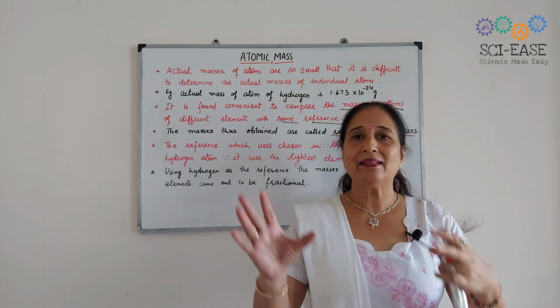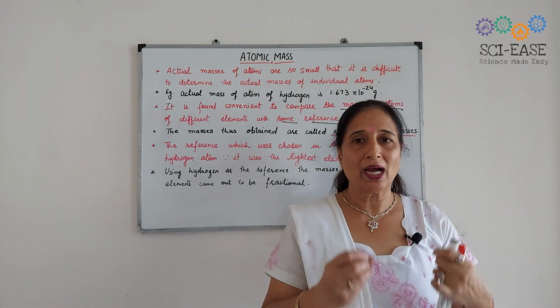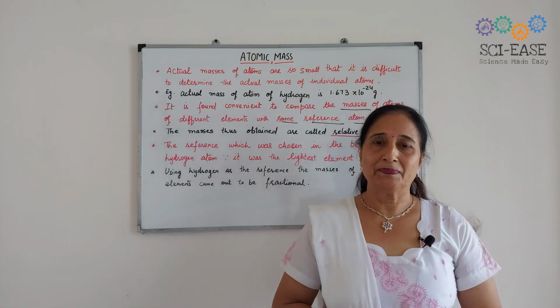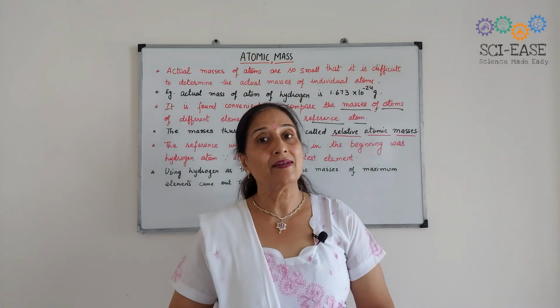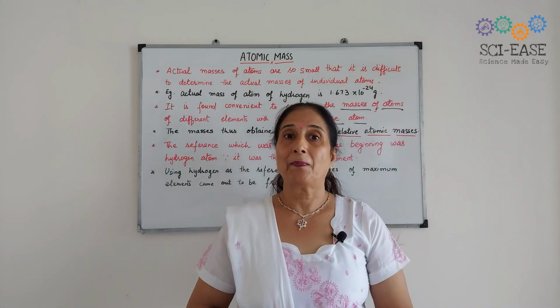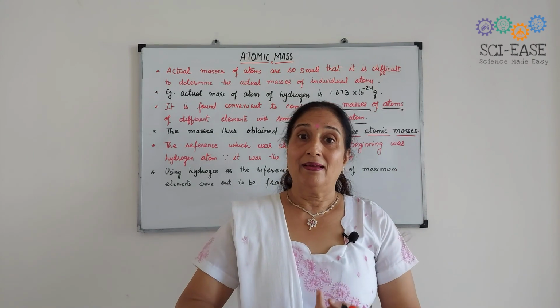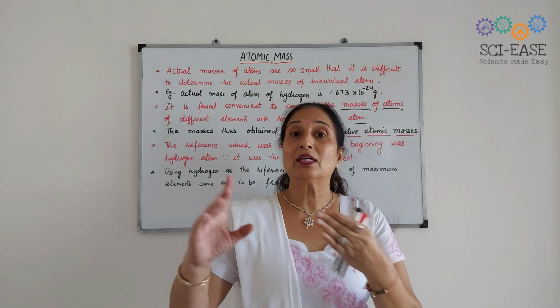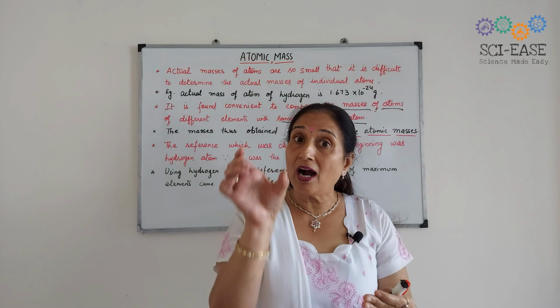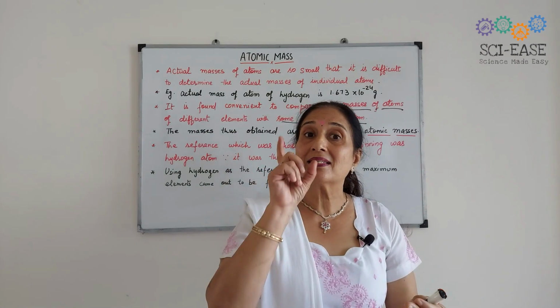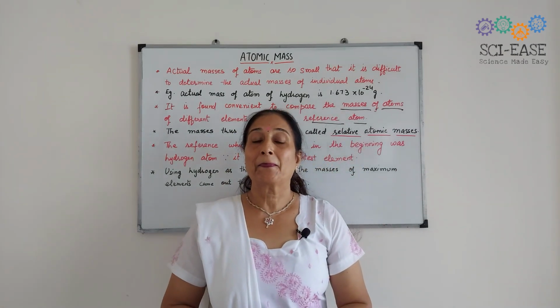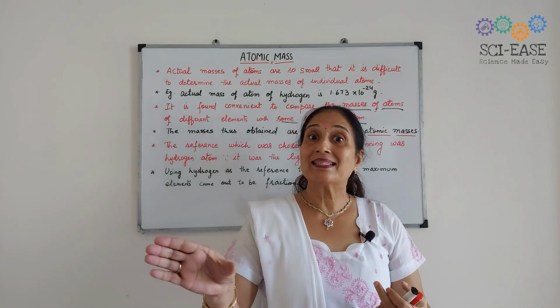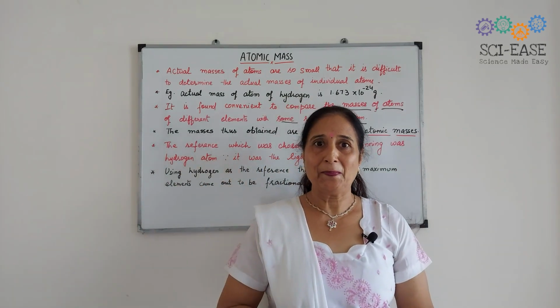But then again there were some problems. So the idea of taking oxygen as a reference element was again dropped. Then scientists came to the conclusion that carbon is the best element to be taken as a reference element.